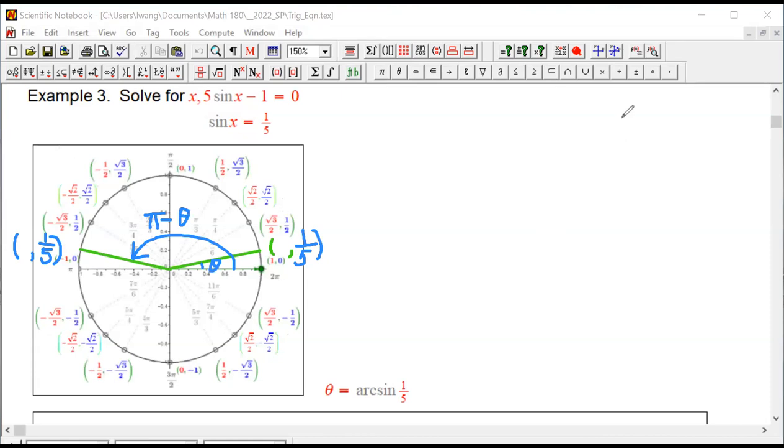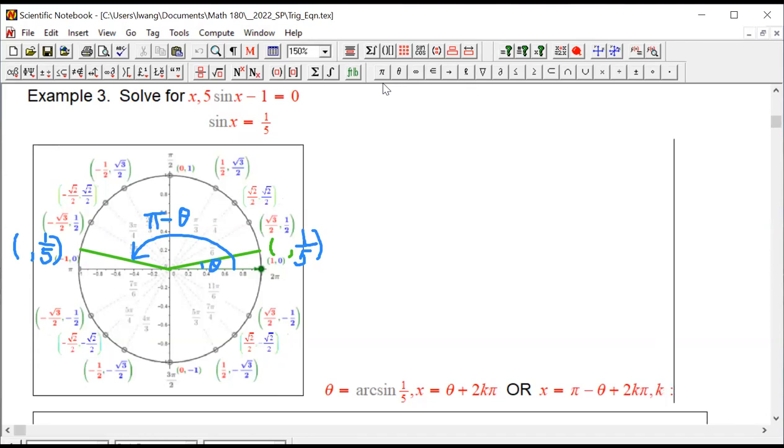What will be the solution? The solution will be x equals theta plus 2k pi, or x equals pi minus theta plus 2k pi, where k is an integer.